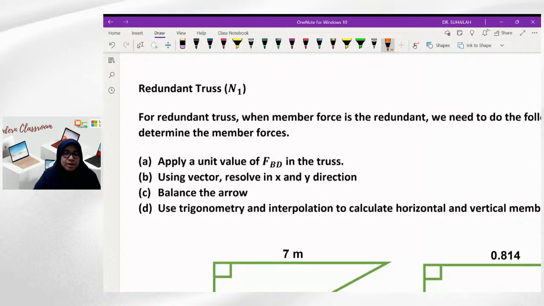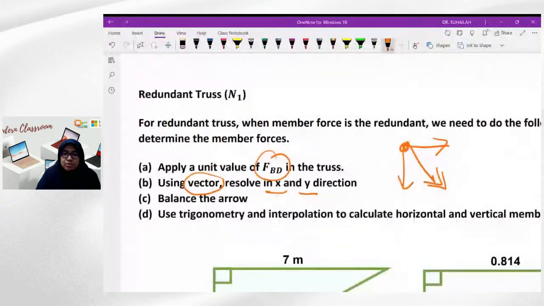Step number one, we need to apply a unit value of FBD, and then using vectors, we resolve in the X and Y directions.